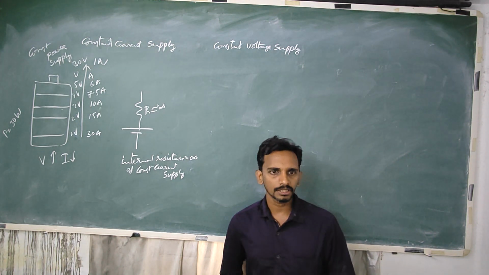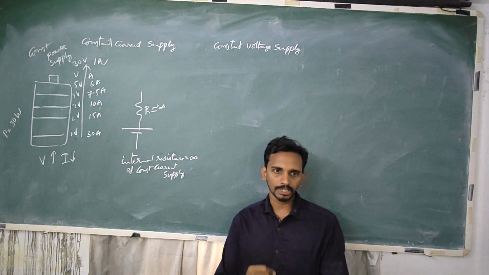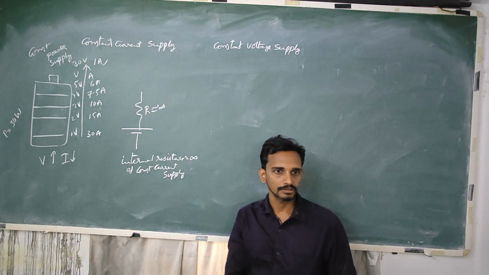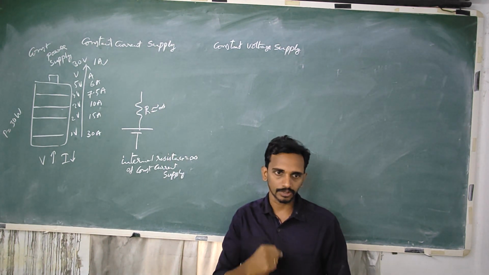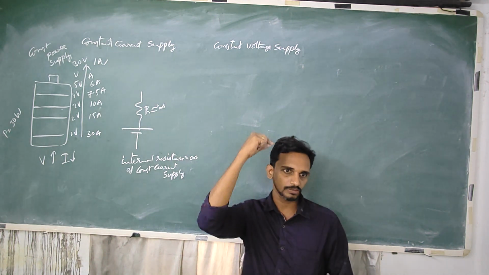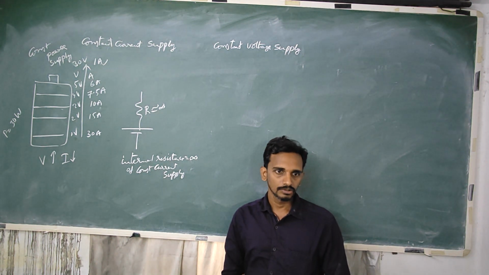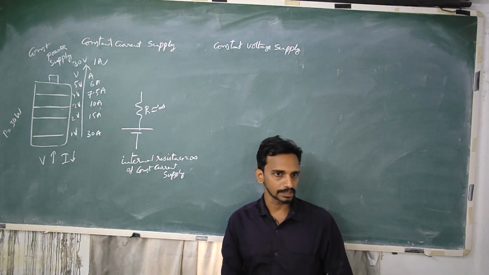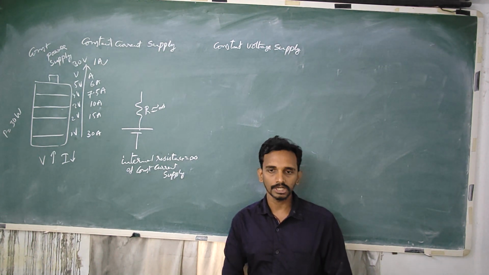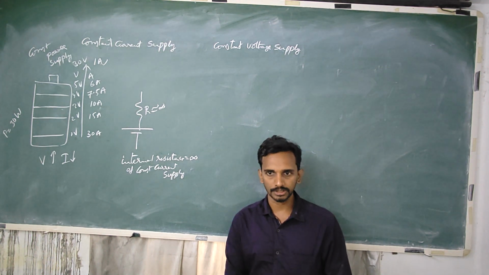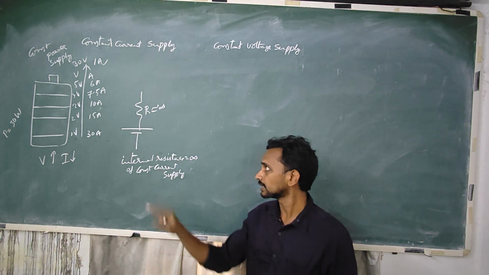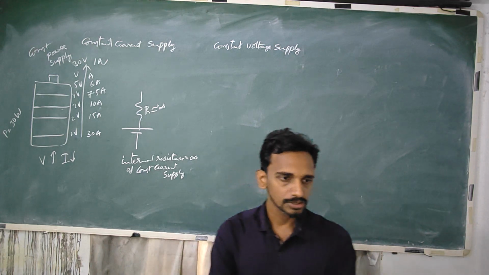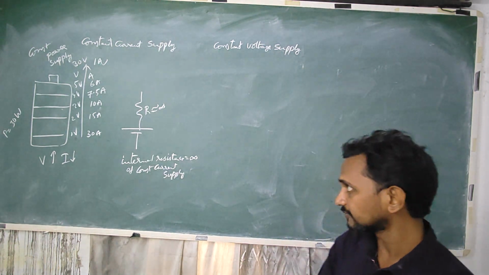So electrons will wait there till I supply the amount of energy I need. So I can supply 1 volt, 2 volts, 3 volts, 15 volts, 30 volts. So till that time electron has to wait there and grab all the energy. Then only it is allowed to come out of the circuit. So that's called constant current supply. So internal resistance of constant current supply is infinity.